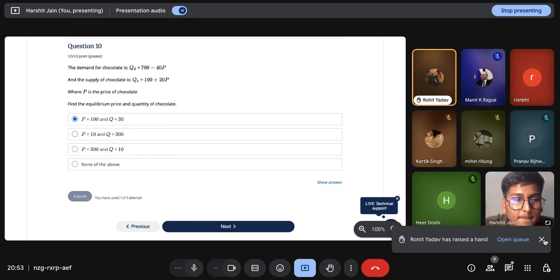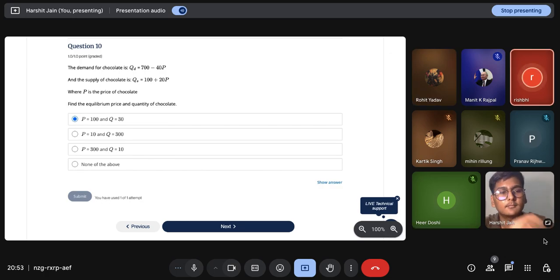Okay, so basically in equilibrium, the quantity demanded is equal to the quantity supplied. So when they're asking for the equilibrium condition, they are expecting us to equate the two equations they've given, which are QD and QS. So that will be 700 minus 40p is equal to 100 plus 20p.